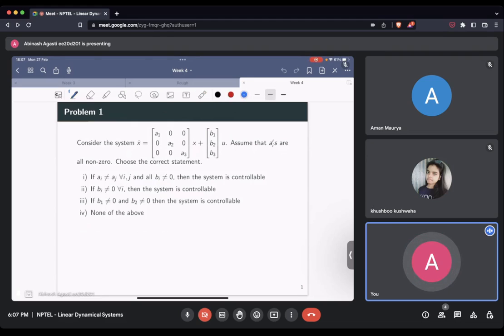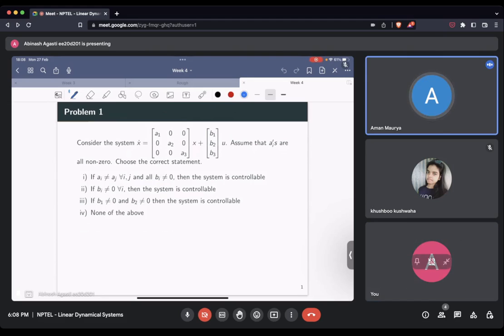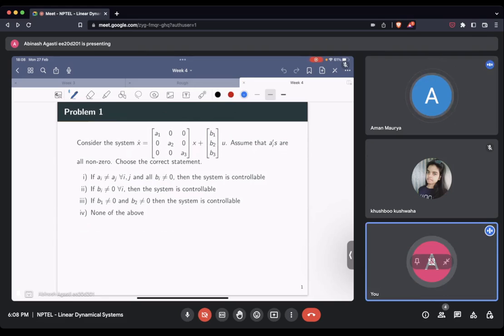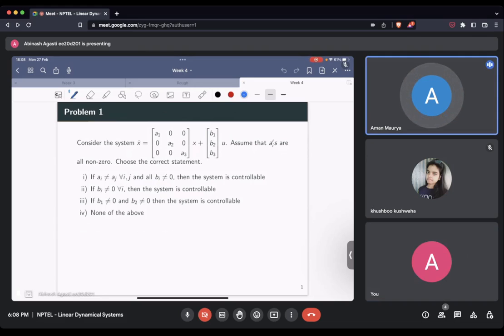So as discussed previously, what is necessary for controllability? Any one of you? Sir, rank of the controllability matrix equal to the order of the parent matrix, like A. Right.